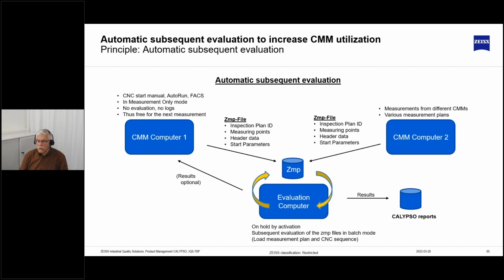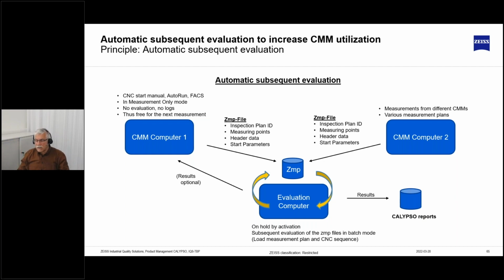We are using so-called ZMP files, which contain all the information. So computer CMM1 only measures very fast, sending the results to the evaluation computer. The evaluation computer is always waiting, and if a value comes in, it is only calculating.